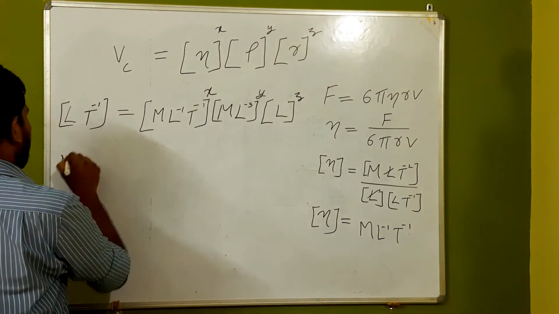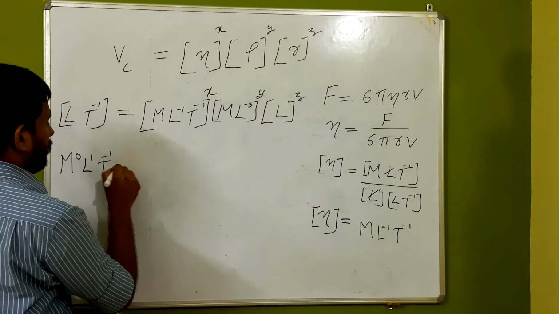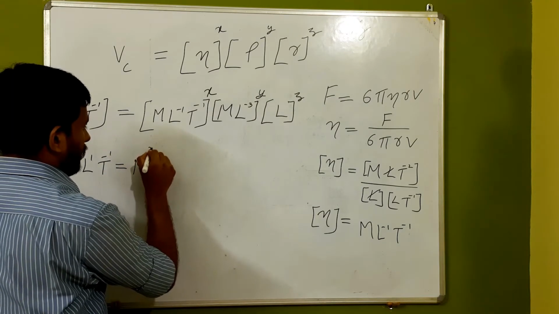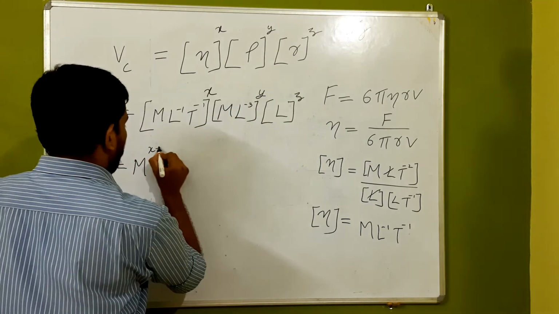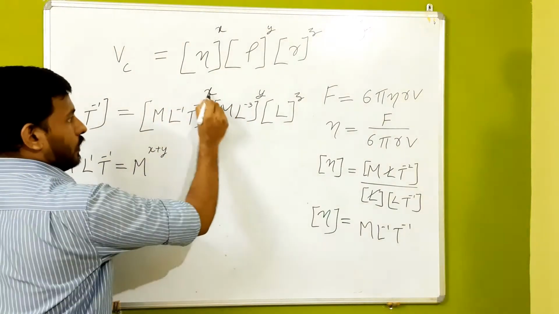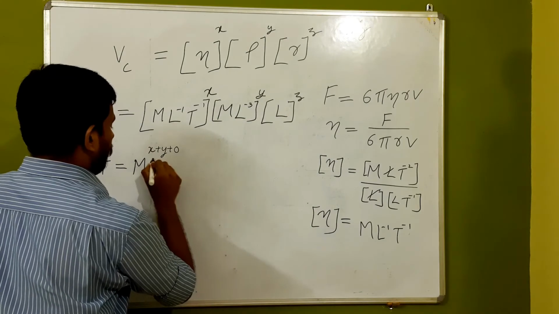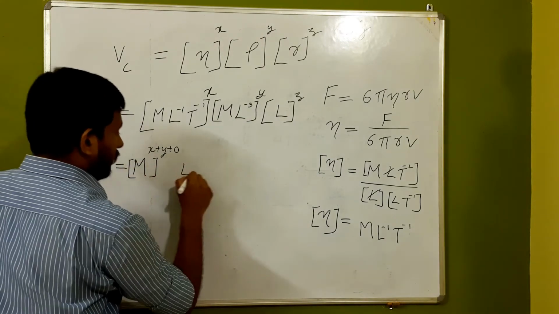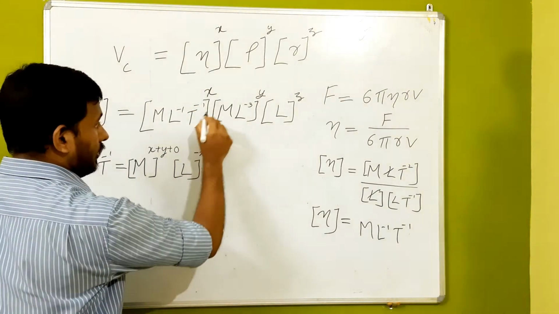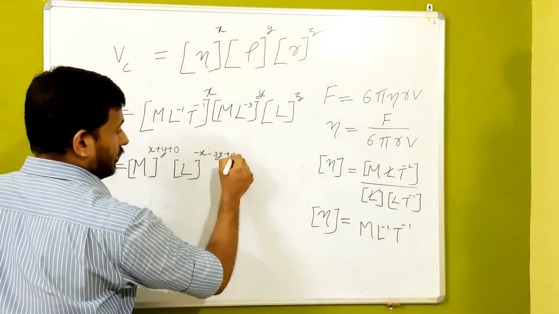So we have here M raised to 0, L raised to 1, T raised to minus 1 is equal to M raised to x plus y. There is no M term on the left, therefore we have 0 there. Next we have length: minus x, then minus 3y, then plus z.